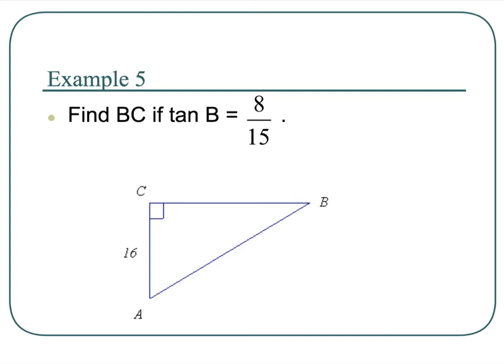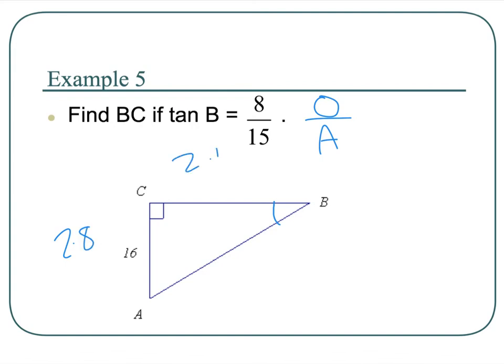Find BC if the tangent of angle B is 8 over 15. So we're looking at it from angle B. My opposite is 16, and 15 is my adjacent. That doesn't make sense because I only see a 16 here. What does that mean? Well, remember, ratios are going to be reduced. 16 is double 8, 2 times 8 gives you 16.